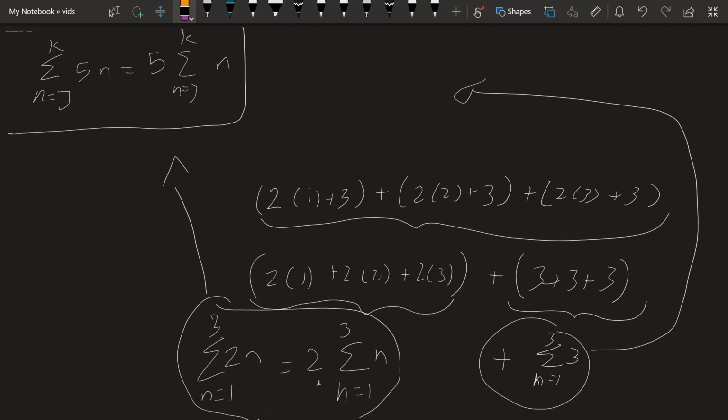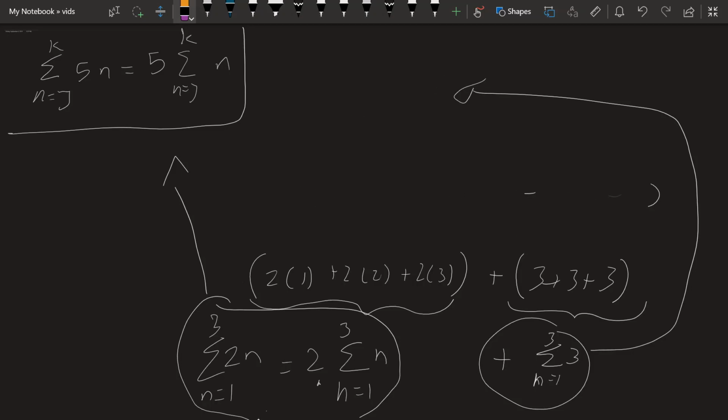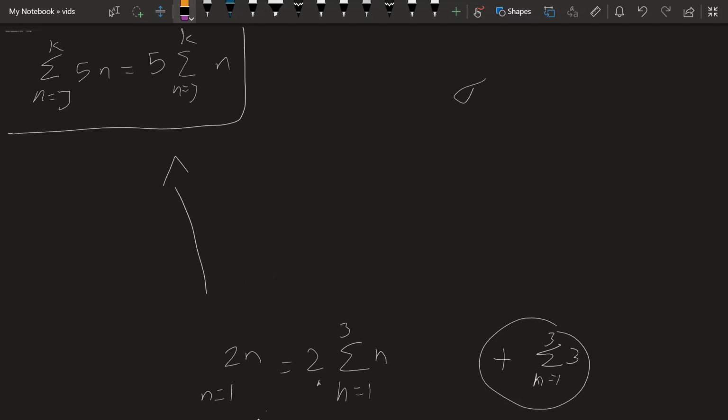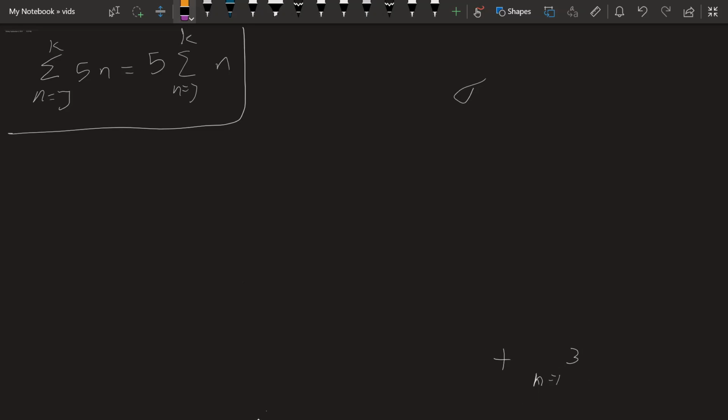And it can be shown if it was a subscript n minus b subscript n, that we can split the sigma into sigma an minus sigma bn, because you know, if we had minus b, well, the minus is just minus 1, and minus 1 is a constant, so we can factor it out. So let's write the second proof down.